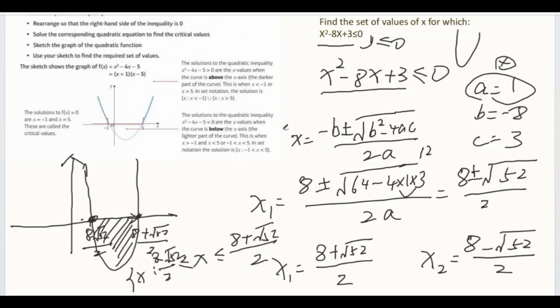This is the final answer. Very easy, right? We solve the quadratic, use the graph and the inequality to find the range, and finally shade. Okay, easy, right?